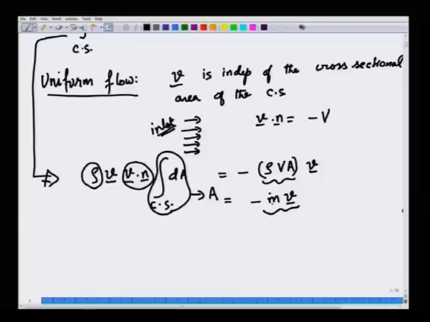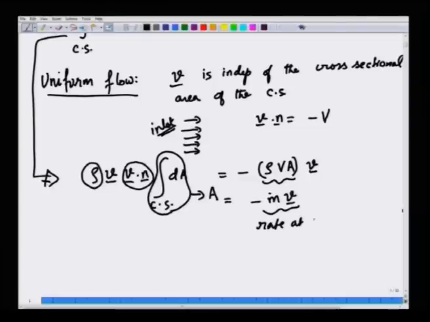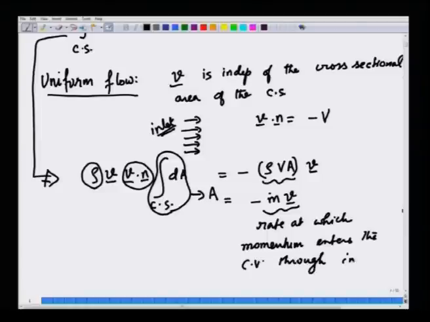Mass times velocity is momentum, so mass flow rate times the velocity vector is the rate at which momentum enters the CV through the inlet by virtue of flow.